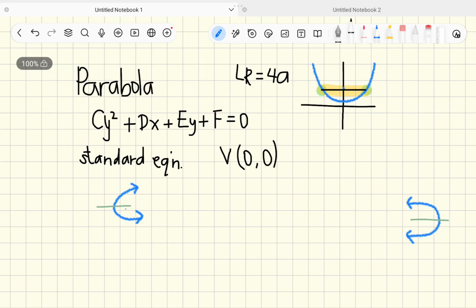For the standard equation with vertex at the origin, obviously you have y squared. It will be y squared equals, if it's facing the right side, positive 4ax, and if it's facing the left side, negative 4ax.